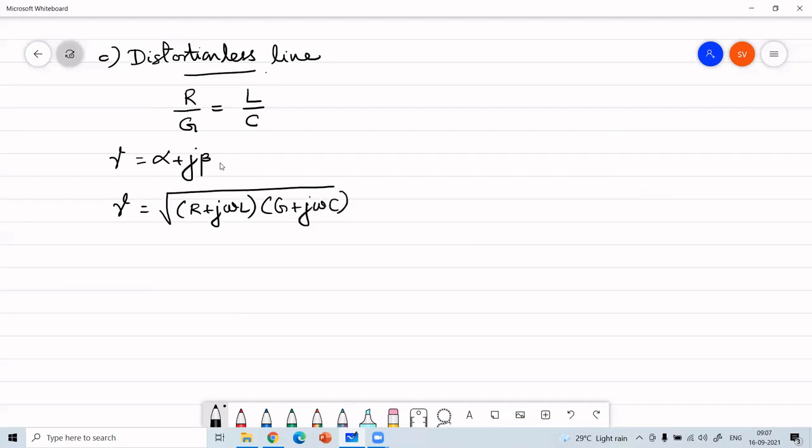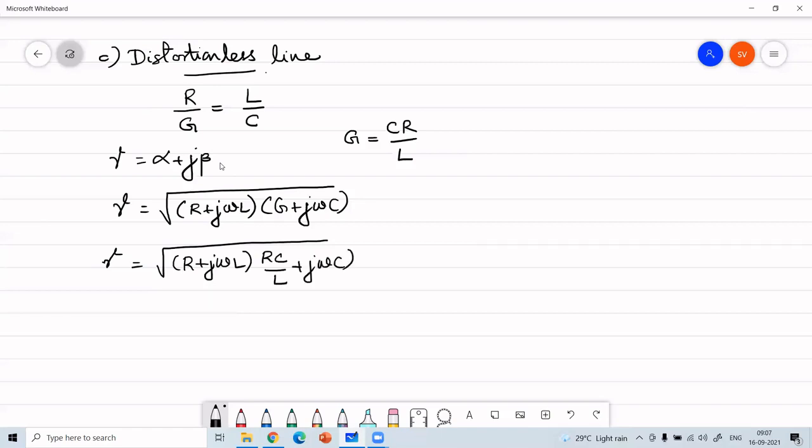From this condition, we can write the expression for G as C into R divided by L. So I am substituting G here. So gamma can be written as the square root of (R plus j omega L) into (G replaced by RC by L, plus j omega C).